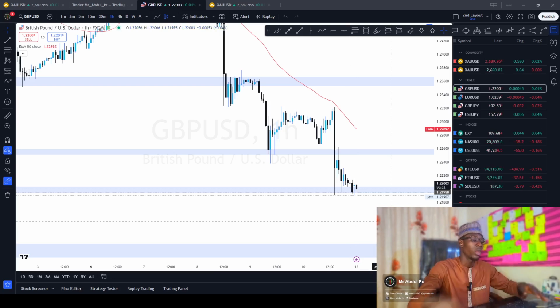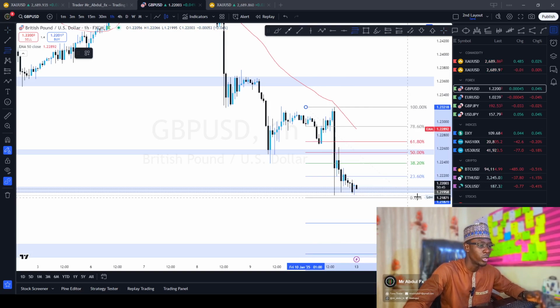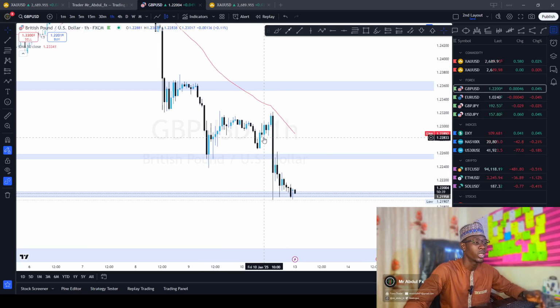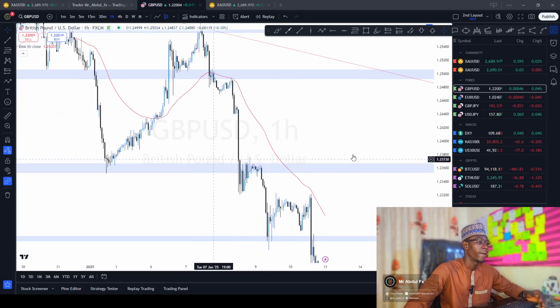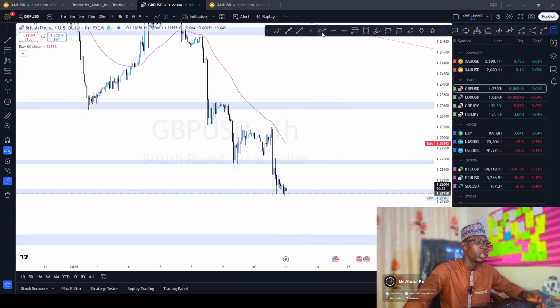So if you are to wait, you can have your Fibonacci drawn in here, because this is a key level where liquidity got taken, and you can capitalize on that with the retest of this key level, something like this, and then continuation.